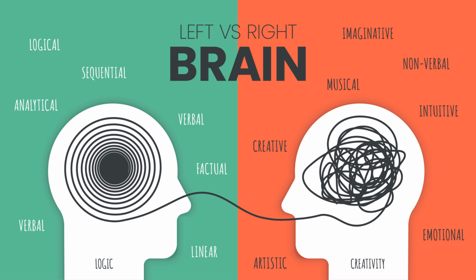And the other part is, well, they summarize it under creativity, but it's the imaginative part, the non-verbal part, the intuitive part, and all these creative elements and emotional elements and artistic elements. That is part of that one. But that is only, from my perspective, a part of the story.